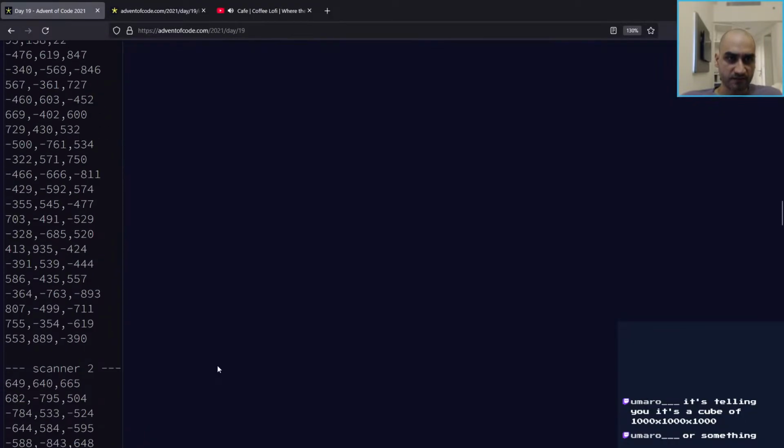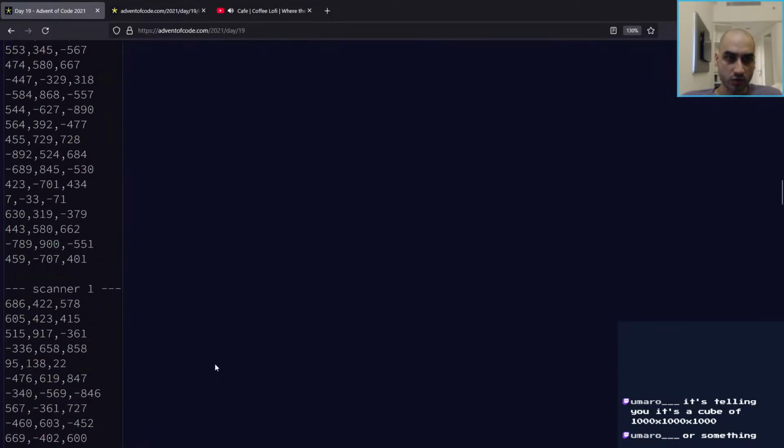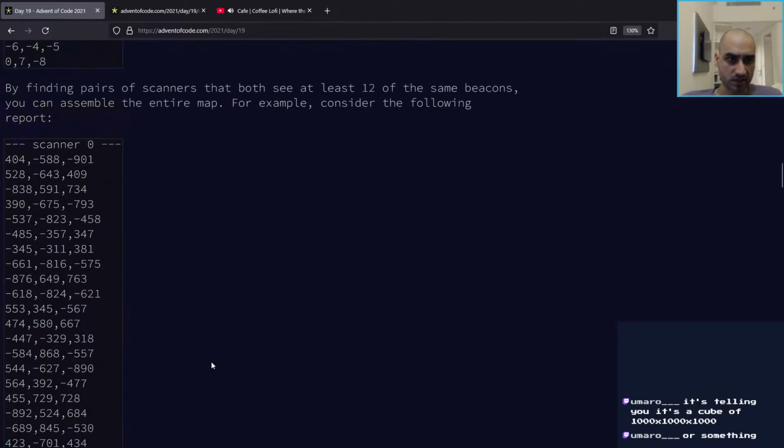Each scanner's visibility is like a cube of 2,000, technically 2001 by 2001, I think.